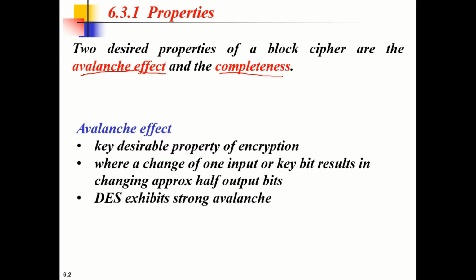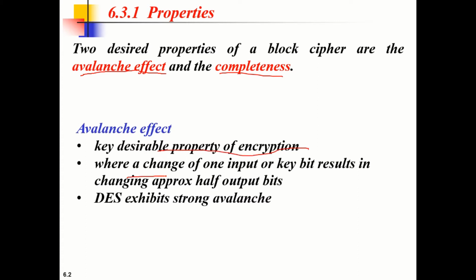Diffusion and confusion we have already covered, wherein I told you that diffusion is all about hiding the relationship between the plain text and the ciphertext, and confusion is about hiding the relationship between key and the ciphertext.